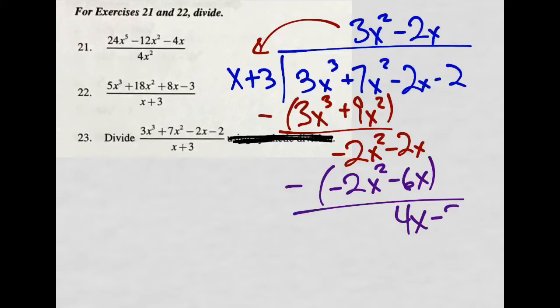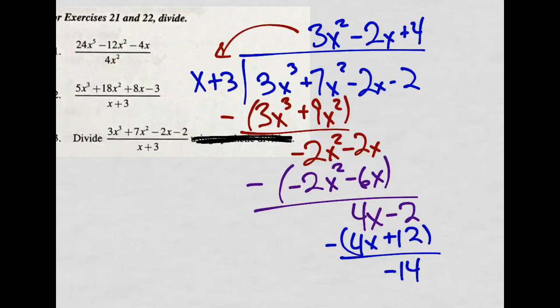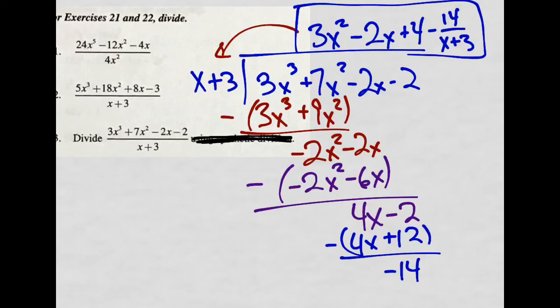Drop the next piece down, minus 2. We'll have a remainder this time. So plus 4 would give us 4x plus 12. All that's going to be subtracted. So we're going to have negative 14. And that negative 14 goes on top of our divisor out there. And then this would be our final answer.